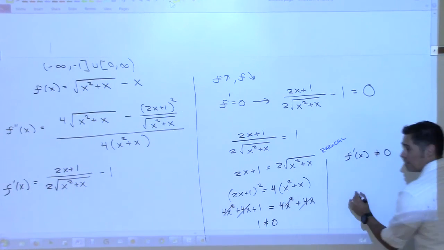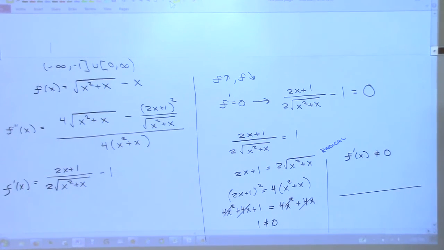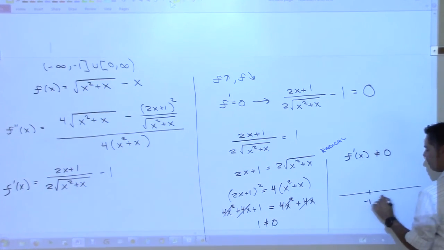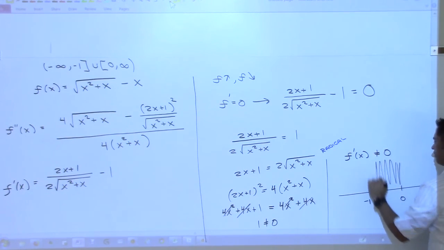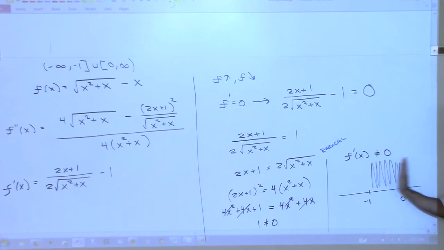So right now we have no test points. What I'm going to do is still draw a number line, but I don't have any solutions from this. So I'm going to go back to my domain. We know that there's no graph in here, right? There's a blank region of my graph that I don't even need to look at.